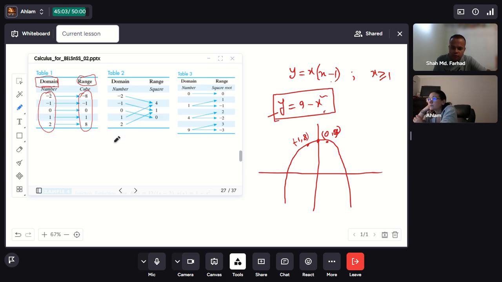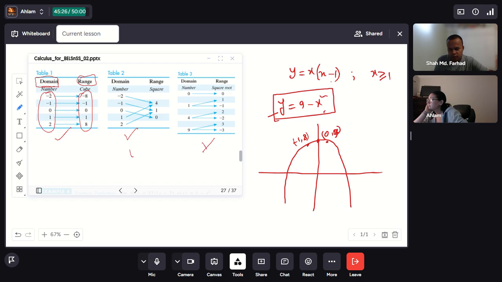What about the second one? Is it a function? Yes, it is a function. This one is also a function. Now what about table 3? No, it's not a function.